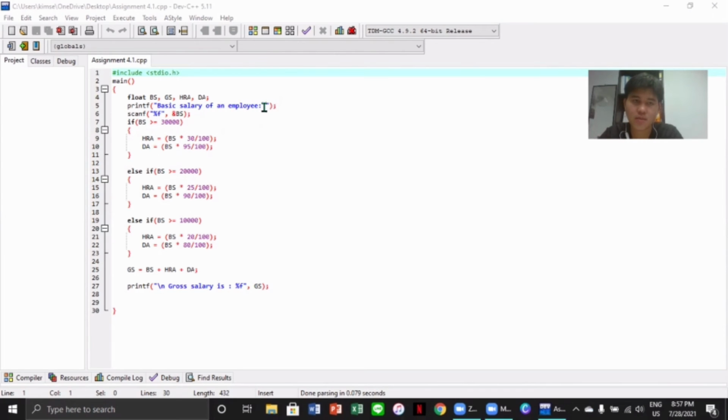We use a condition to calculate the gross salary like this. If it's false it goes like this, and if it's true, then we calculate it: GS equals basic salary plus HRA plus DA, and we use printf to show the gross salary that we have calculated already.